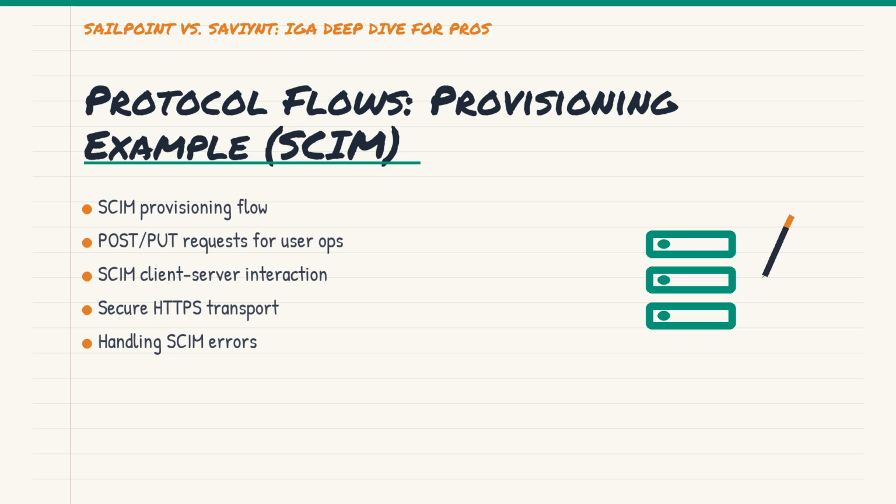The target app, the SCIM server, processes this, creates the user and returns a success or error response. If it's an update, it might be a PUT request. The critical part is ensuring the SCIM implementation is robust, handles errors gracefully, and uses secure transport, HTTPS. Improperly implemented SCIM can lead to orphaned accounts or incorrect attributes being synced.